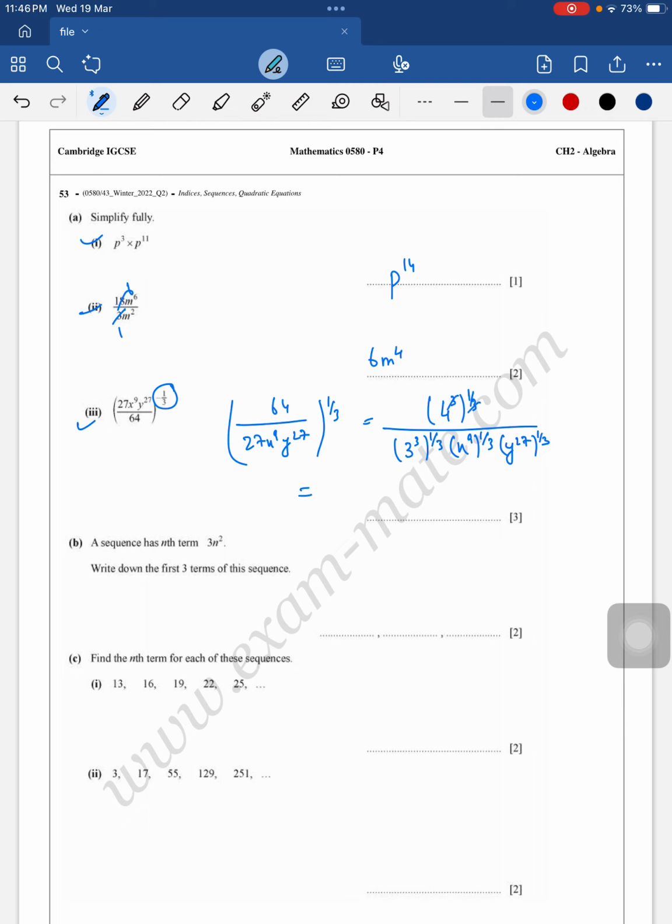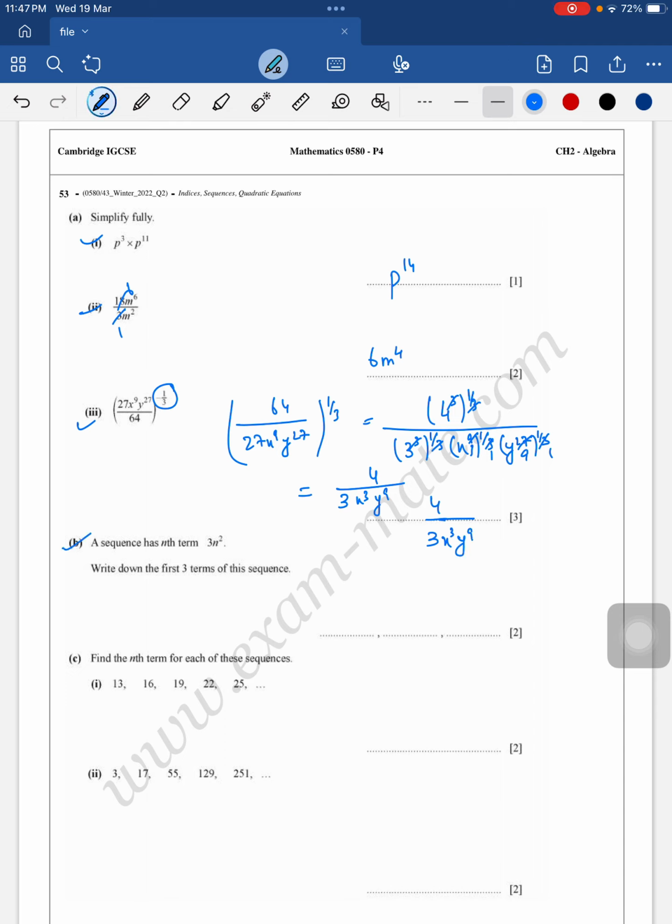So cube cancels, 4 comes in the numerator, cube cancels, 3 in the denominator, 3 times 1 is 3, 3 times 3 is 9, x cubed, and 3 times 1 is 3, 3 times 9 is 27, y to the power 9. So the answer is 4 upon 3 x cubed y to the 9.